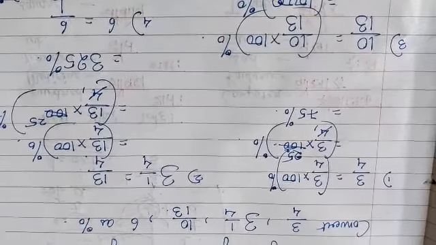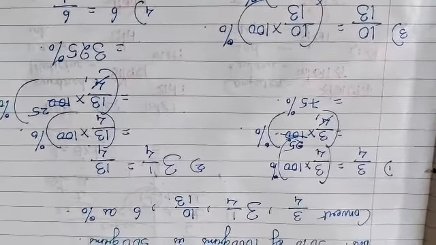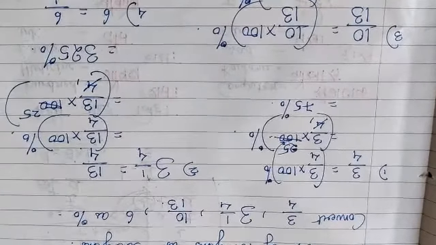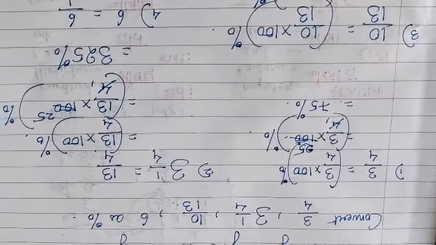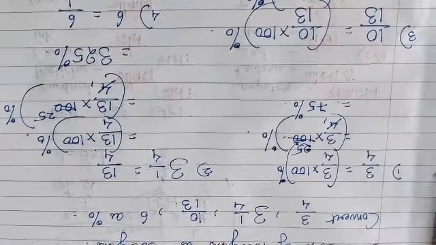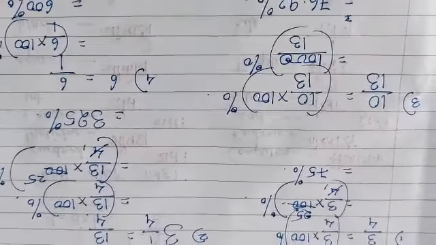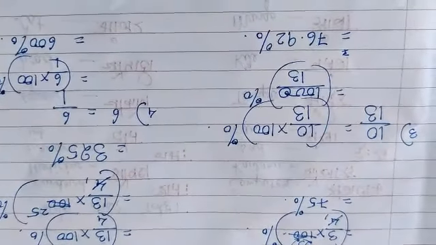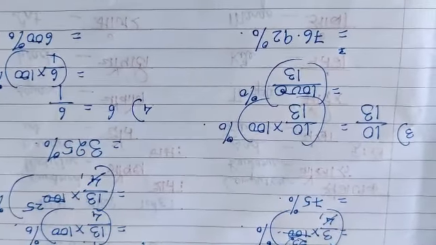So 1 upon 4. First you transfer this mixed fraction into improper fraction, and then you multiply it by 100 and write the percentage sign outside. Once you solve it, you get your percentage. Same goes for 10 upon 13. Multiply it with 100 and put the percentage sign outside.